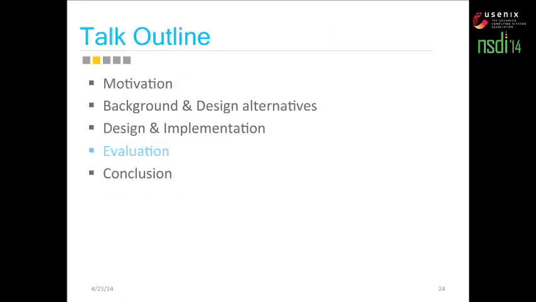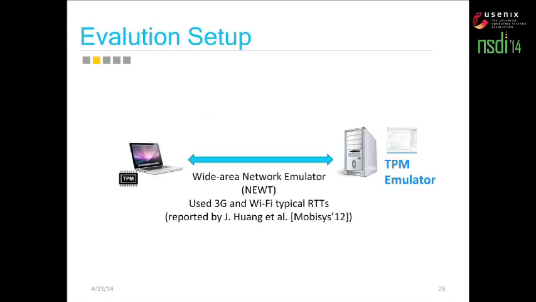After talking about our basic cTPM design and implementation, now I would like to share some evaluation results. Our evaluation testbed uses a client-side machine equipped with a TPM chip running cTPM client-side code. We also set up a server running the TPM emulator in a virtual machine as the cloud service.